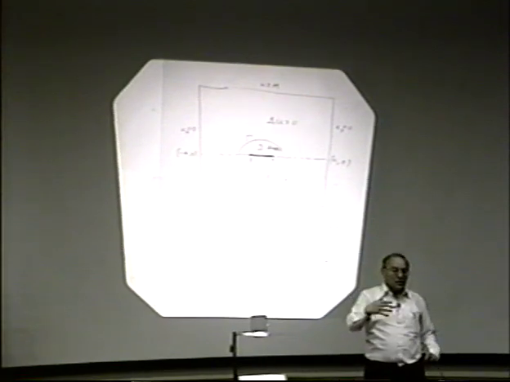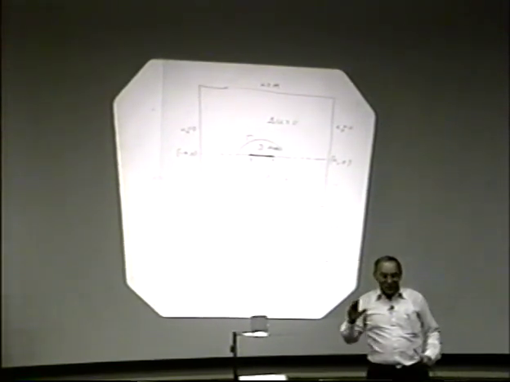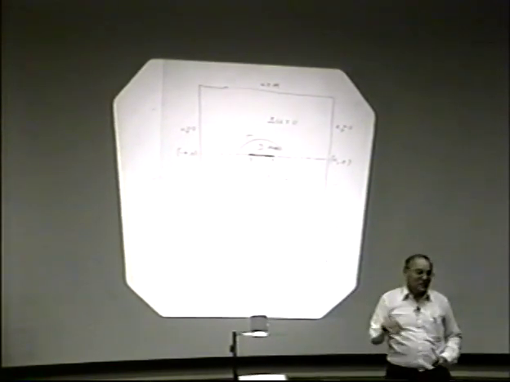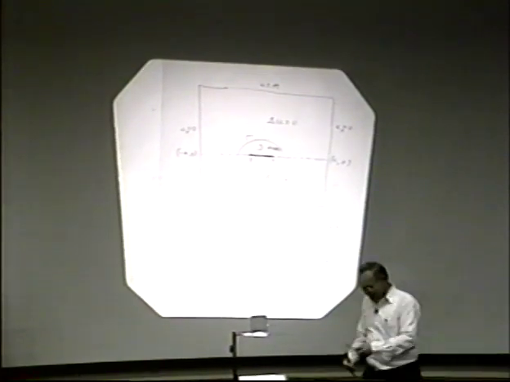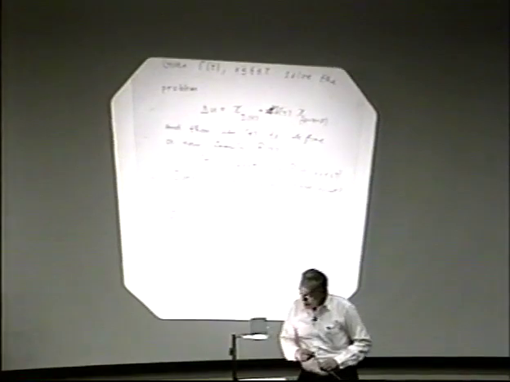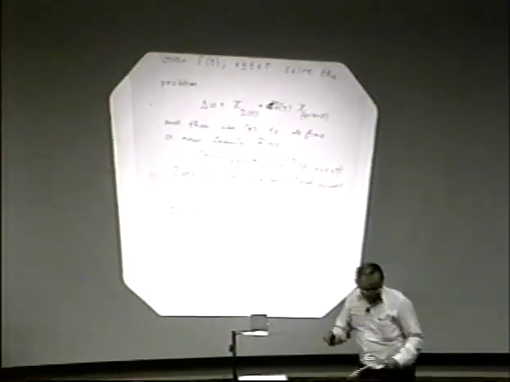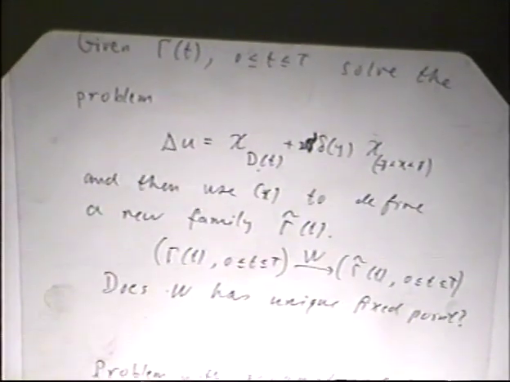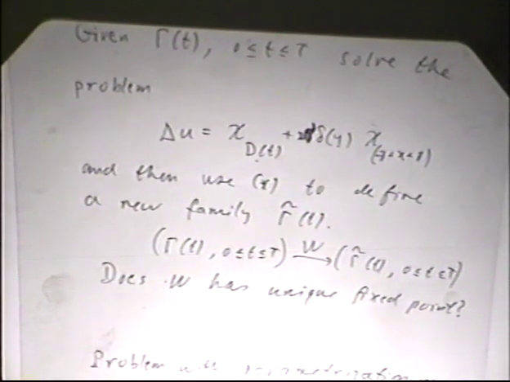You use the velocities to compute a new family of curves. And if you are lucky enough that this new family is the same as the old family, then you solve the problem. So we have here a strange kind of mapping.